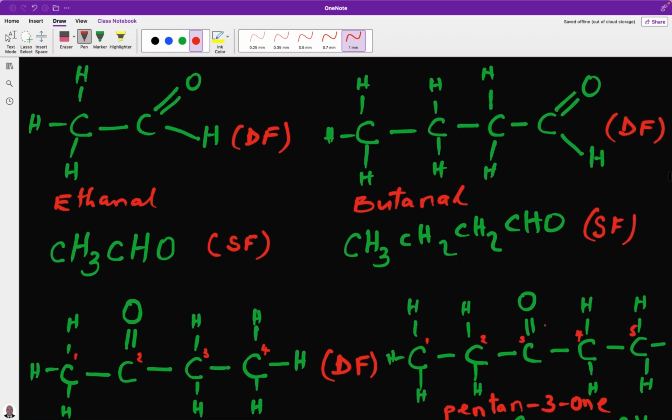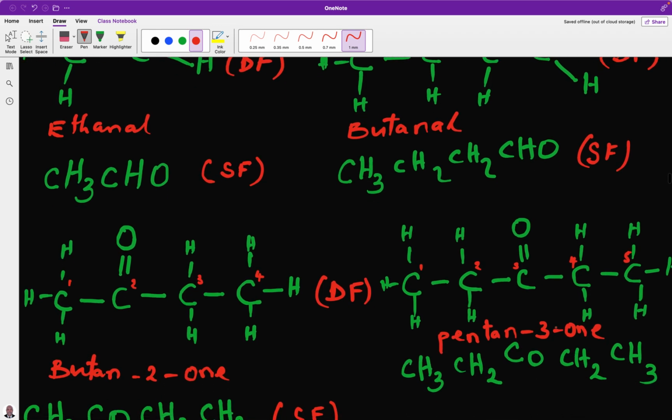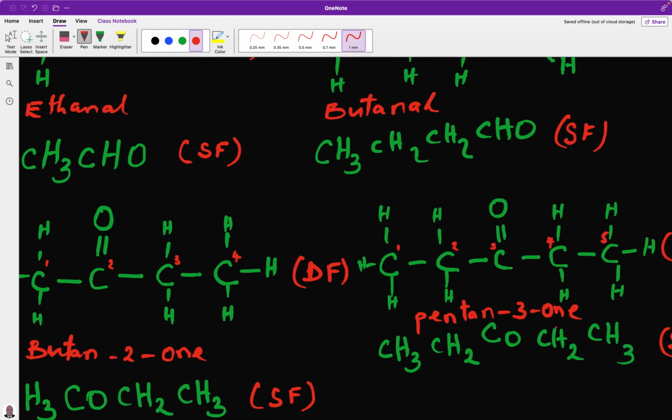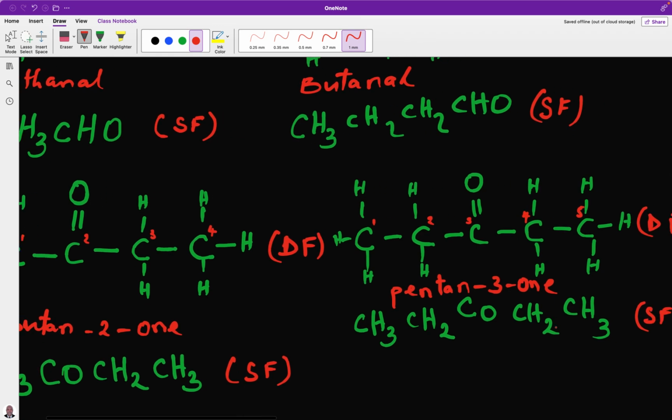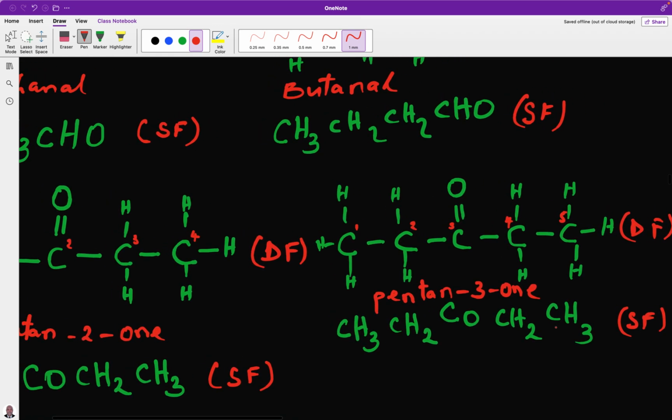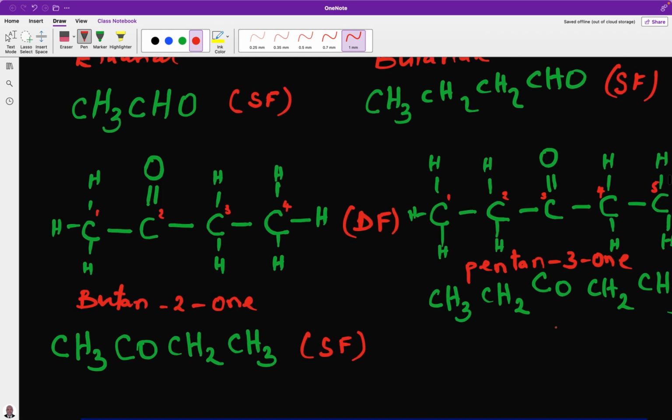We also gave an example of butanal, structural formula and the displayed formula. Example of butan-2-one, structural formula and the displayed formula. Pentan-3-one, the displayed formula and the structural formula. So this is what we have covered today.